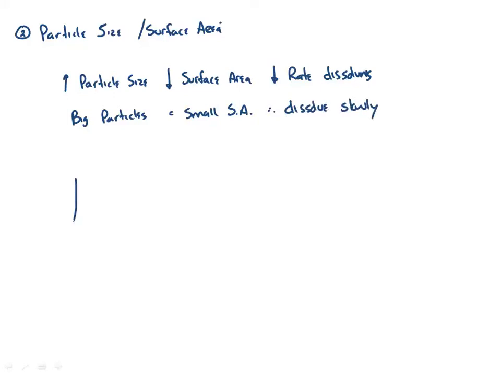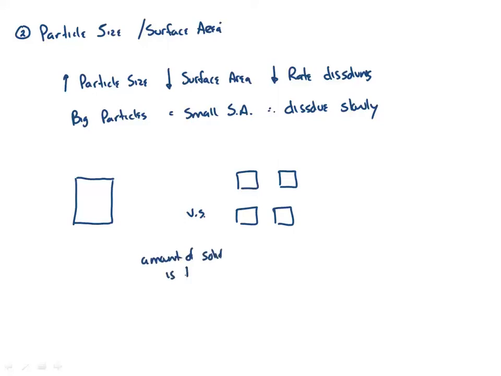If I take a big cube like this, why do we have small surface area? Well, remember, we have to compare the same size of things. So that's what this example is going to show you. If I have that versus that, the amount of solid is the same, at least as same as Jay's crappy drawing skills can make it.